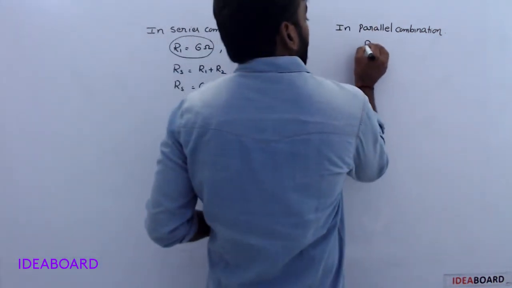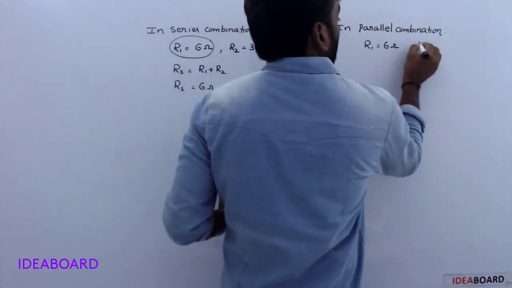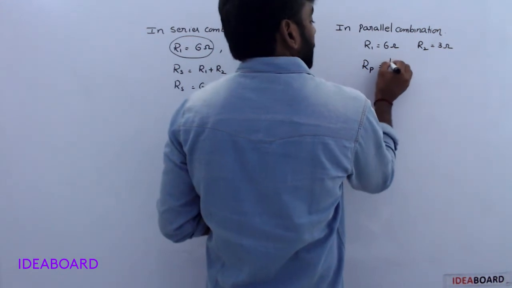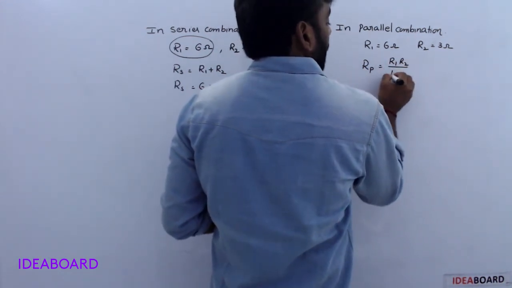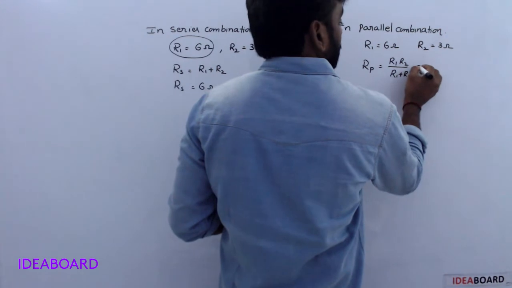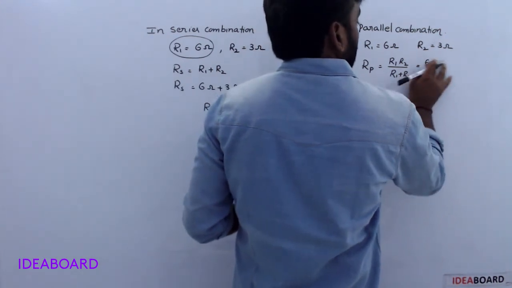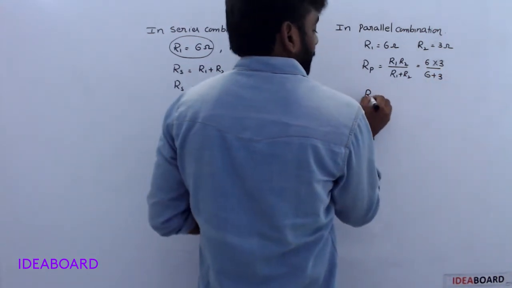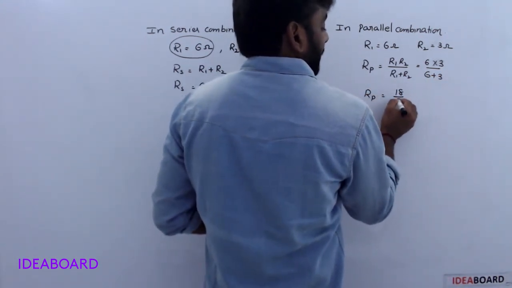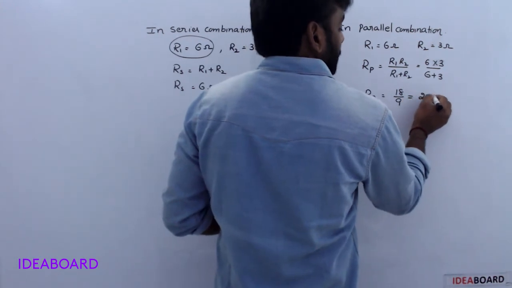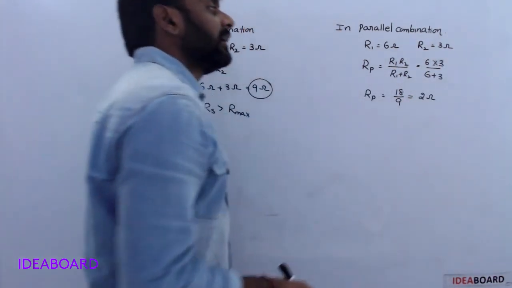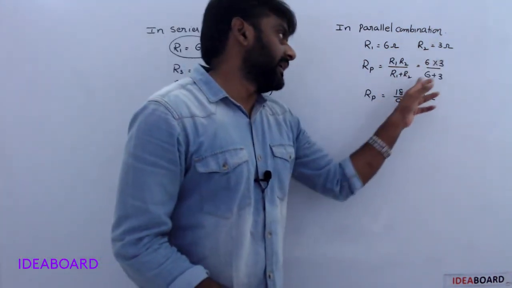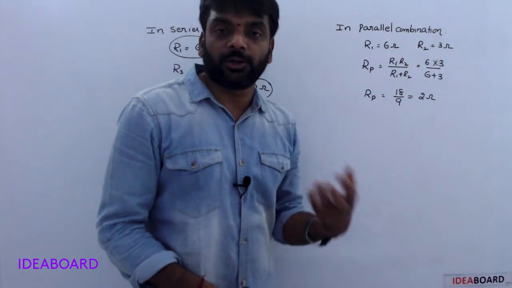For example, R1 equal to 6 ohms, R2 equal to 3 ohms. Parallel combination: R1 R2 by R1 plus R2, 6 into 3 by 6 plus 3. 6 threes are 18, 6 plus 3 is 9, 18 by 9 is 2 ohms.